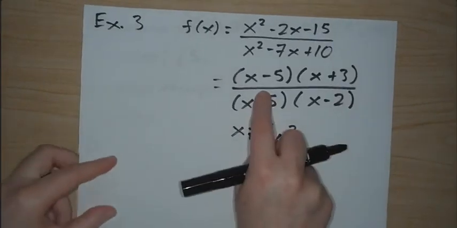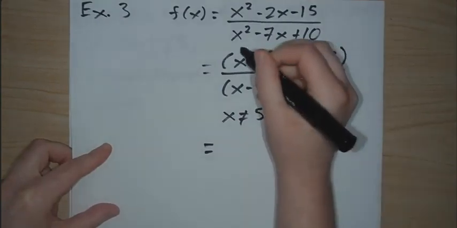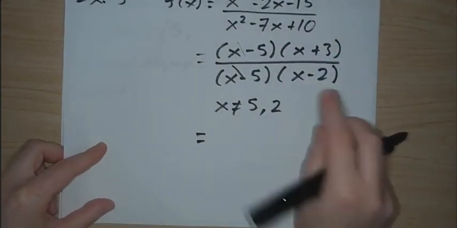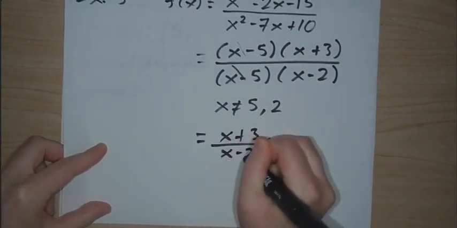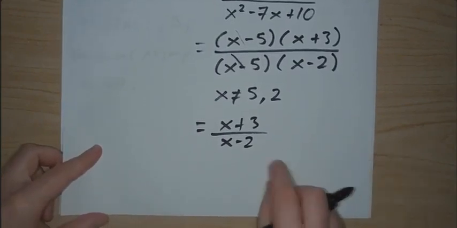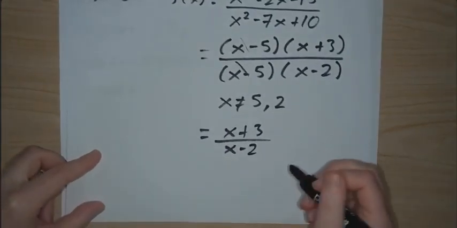The way we'll do that is we'll take this function without the hole. If we cancel the x minus 5 here, we have x plus 3 over x minus 2 as our new f of x, essentially. And we're going to plug in our 5, which is where our hole is.